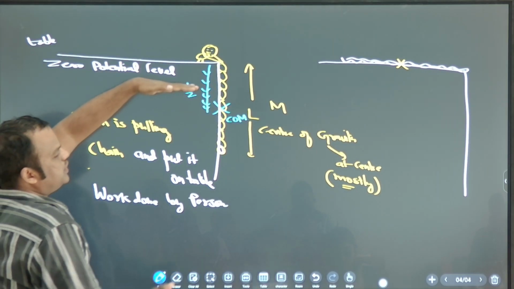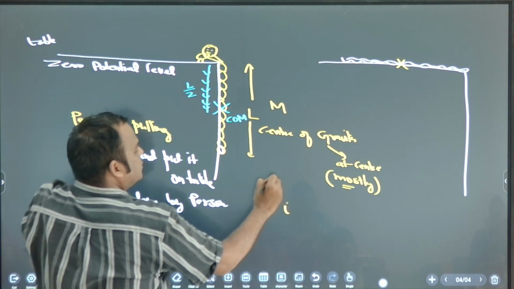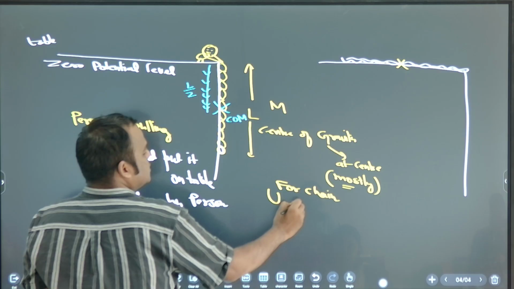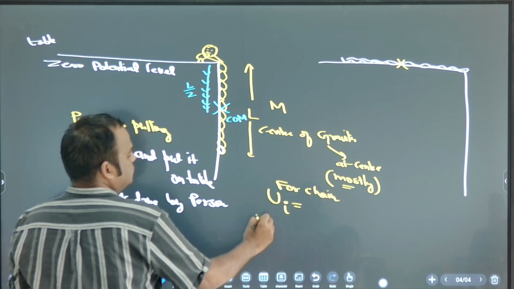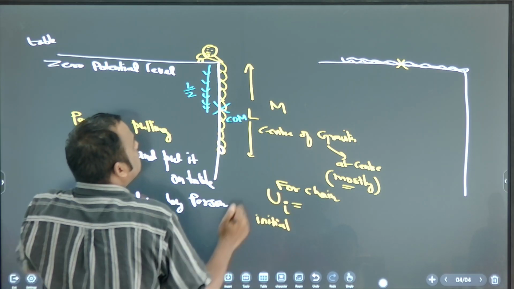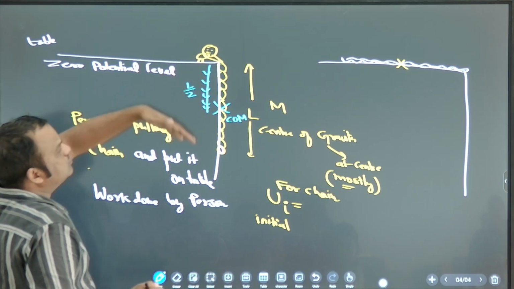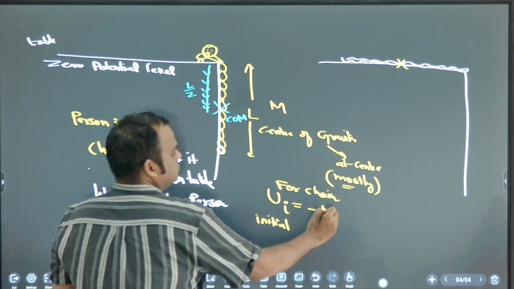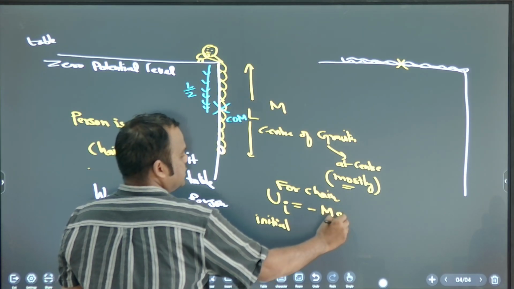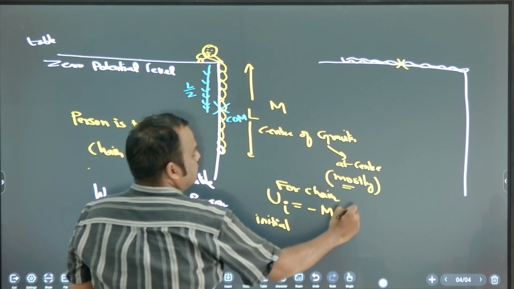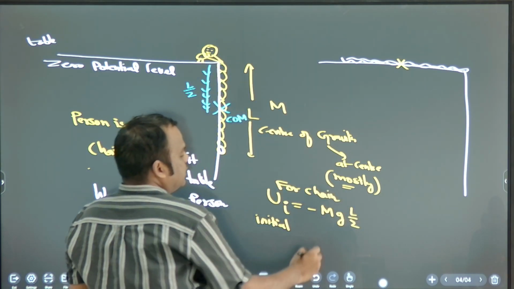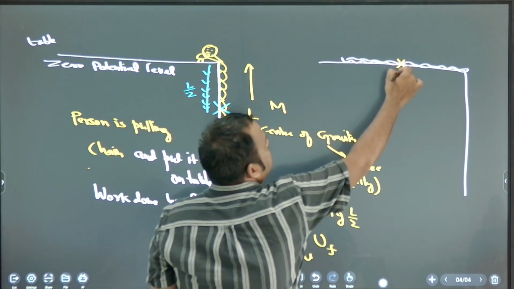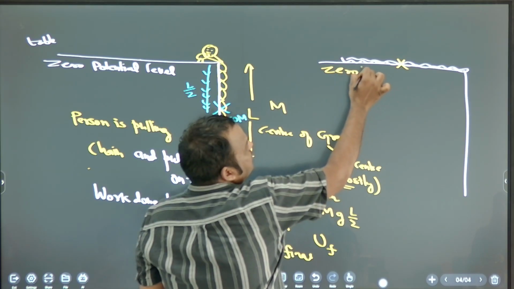So what is the initial potential energy of the chain? Plus or minus? Minus. Minus m g h, where h is L by 2. Very good. And what is the final potential energy? 0.